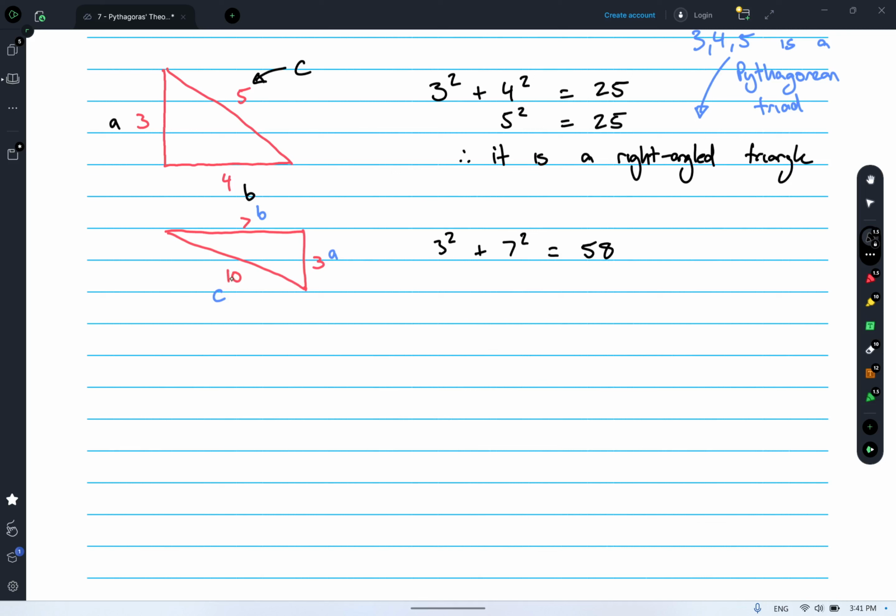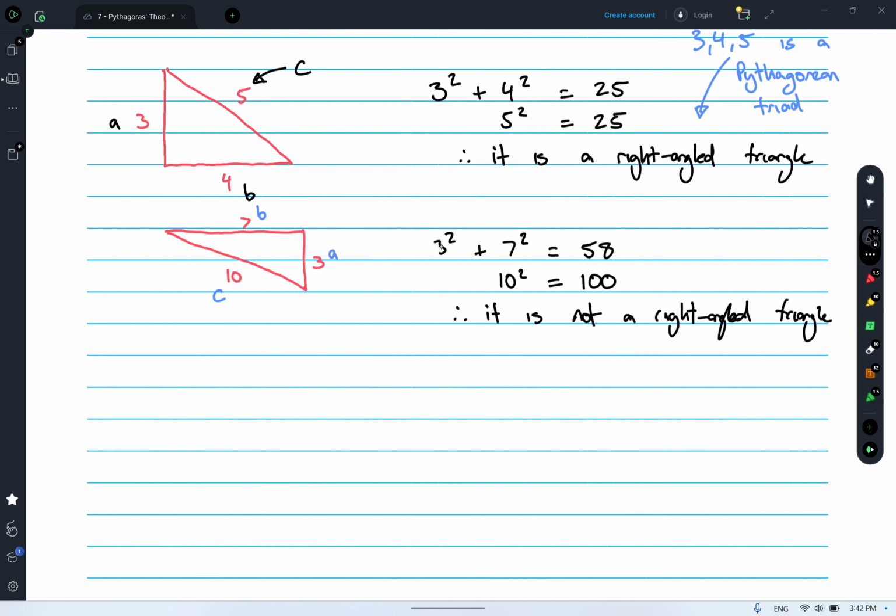And if I did 10 squared, well, that equals 100. And we see that these two don't equal the same. So therefore, it is not a right angle triangle. And that means the numbers 3, 7, 10 do not form a Pythagorean triad.